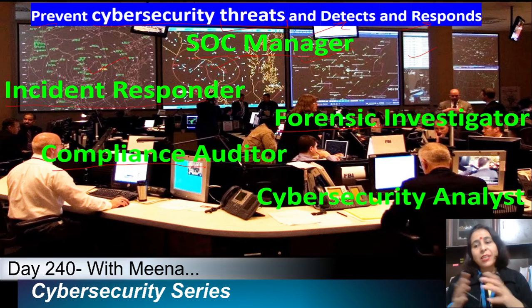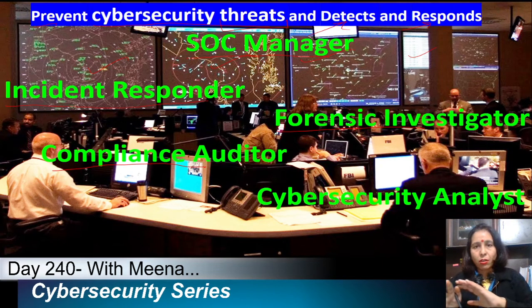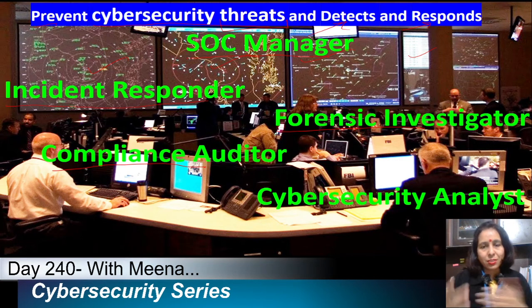Next one is the cybersecurity analyst. Definitely they need to understand what the risk is, what types of threats there are, and who will respond to it. Specialized knowledge is required for certain kinds of tasks. Then the cybersecurity analyst will find out what risks are involved in certain threats, or what we need to perform in certain situations.